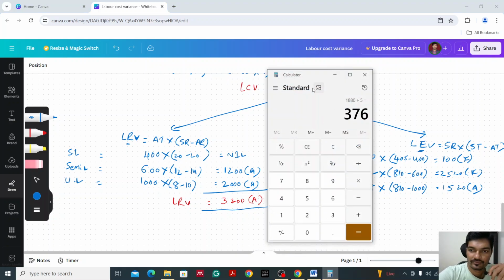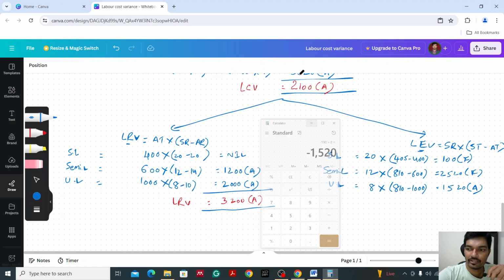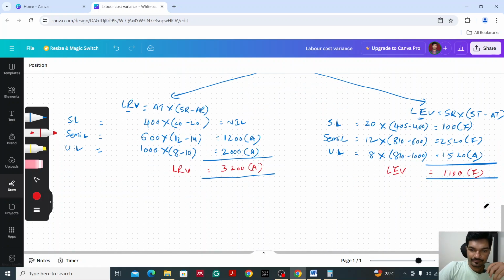Let us check once. 810 minus 1000 into 8, 1520 in minus. So finally the total LEV, labor efficiency variance, we will get a positive value, that is 1100 in favor.